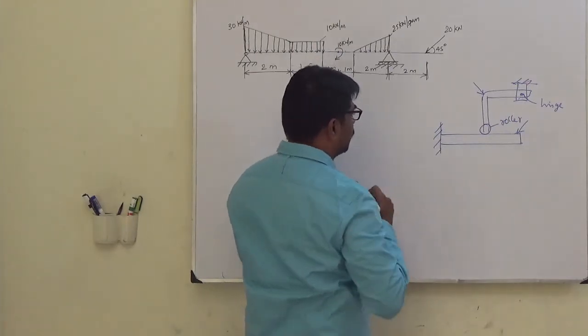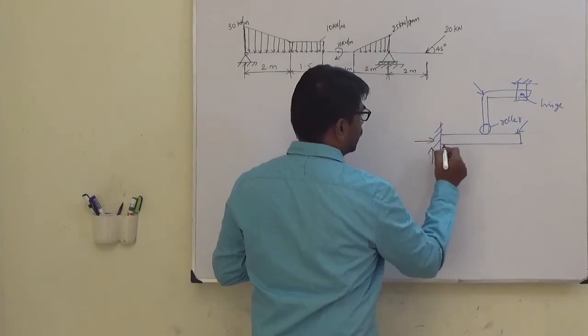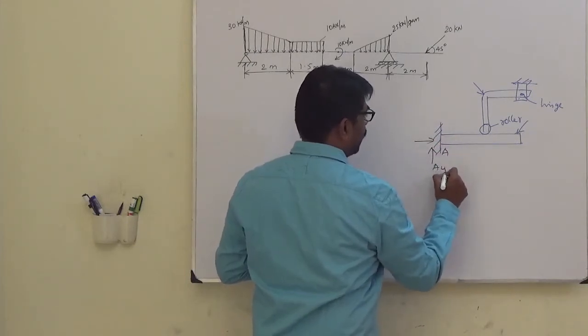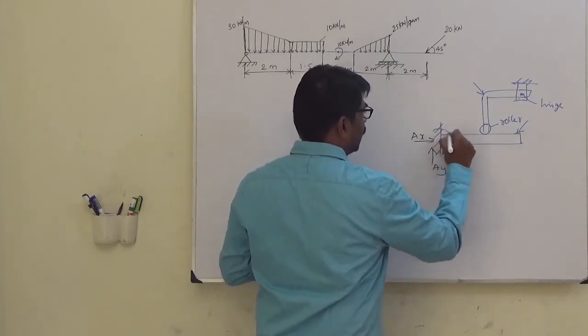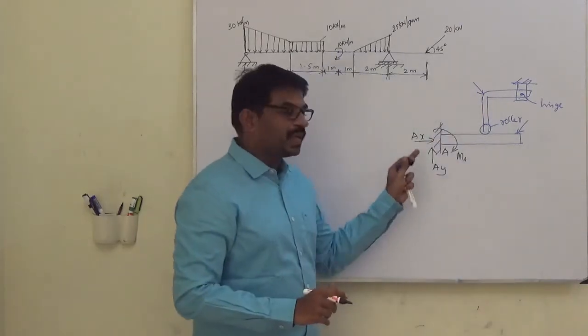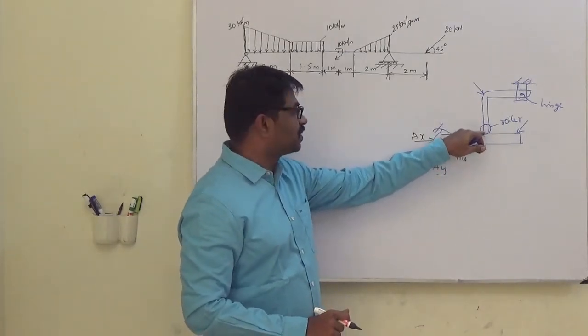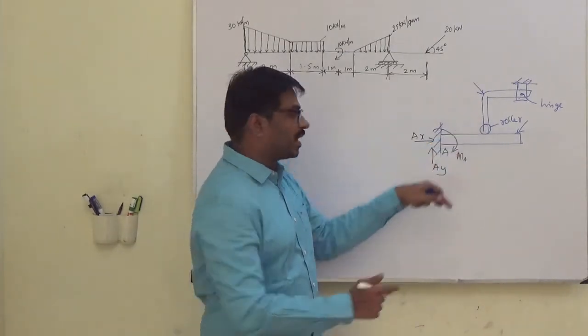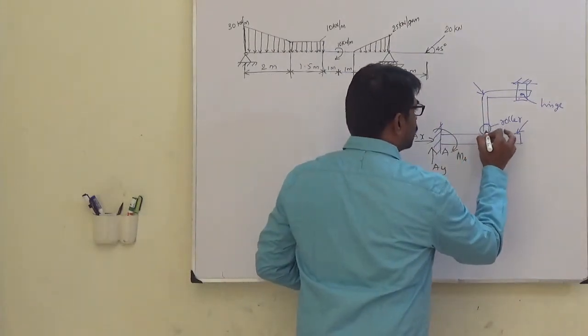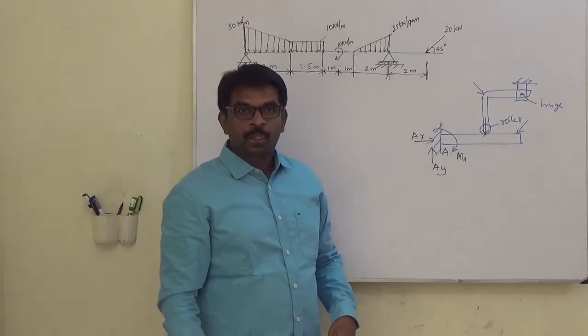At this support, if it is A, we will have AY, AX, and one moment. So 3 unknowns are there, and you have another unknown here because of this roller, which will exert a force like this.